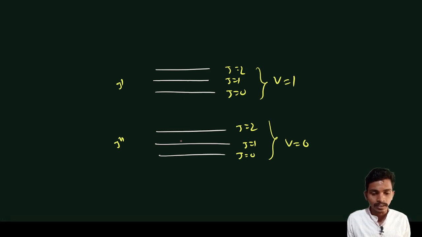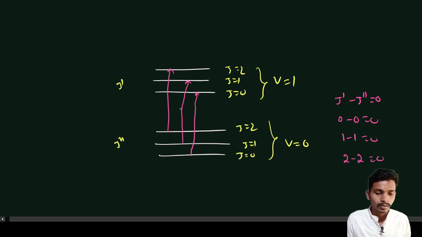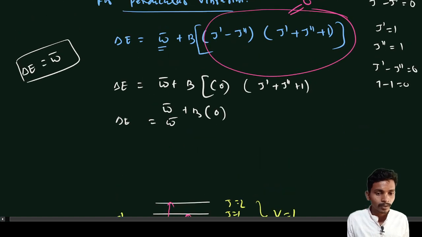Then for the transitions, I need J dash minus J double dash equal to 0. So transitions from 0 to 0, 1 to 1, or 2 to 2 all give a difference of 0. This is possible for perpendicular vibrations.